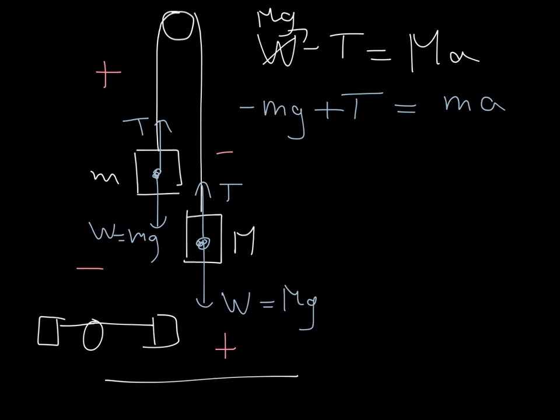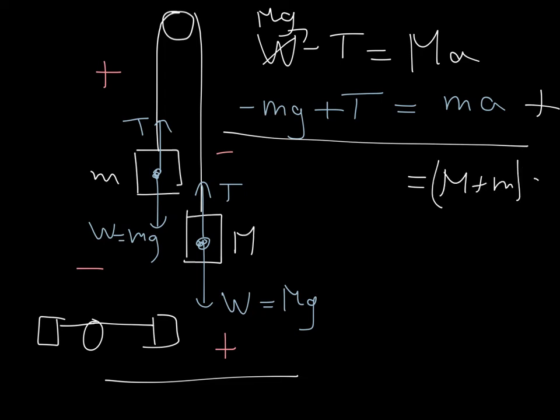Now, I can solve this in many ways, but the clever way to do this is just to add up these two equations, because this is positive, this is negative. So if I just add up these two equations, I'm going to get this. On the right side, here is M A plus little m a, and doing the associative property, I get M plus m times the acceleration.